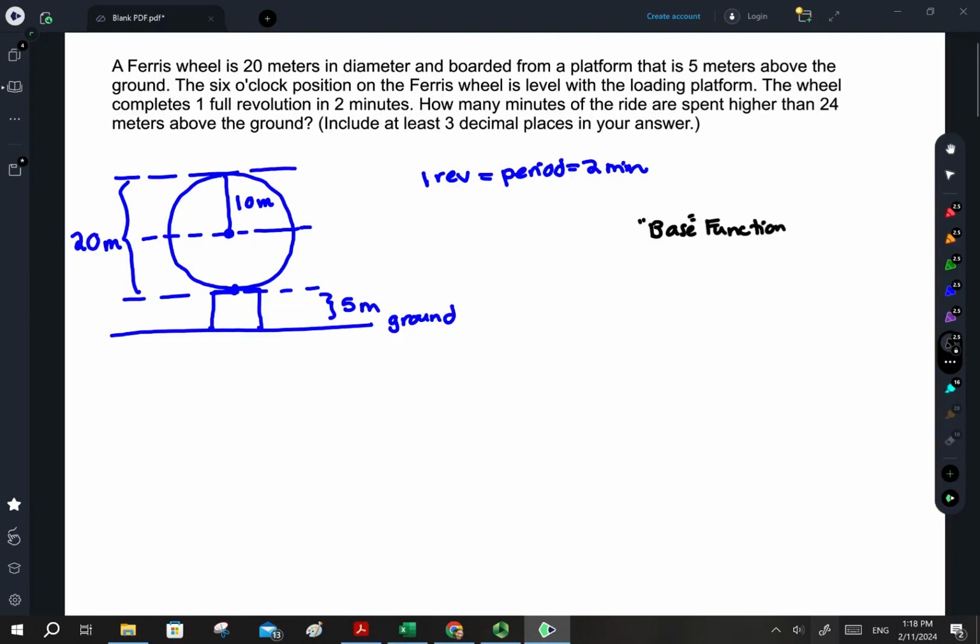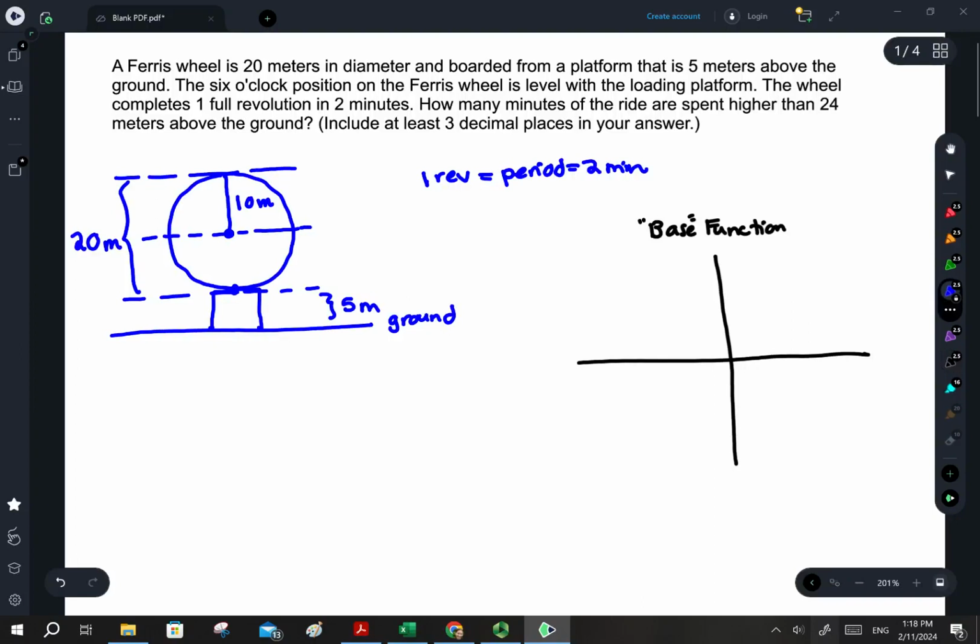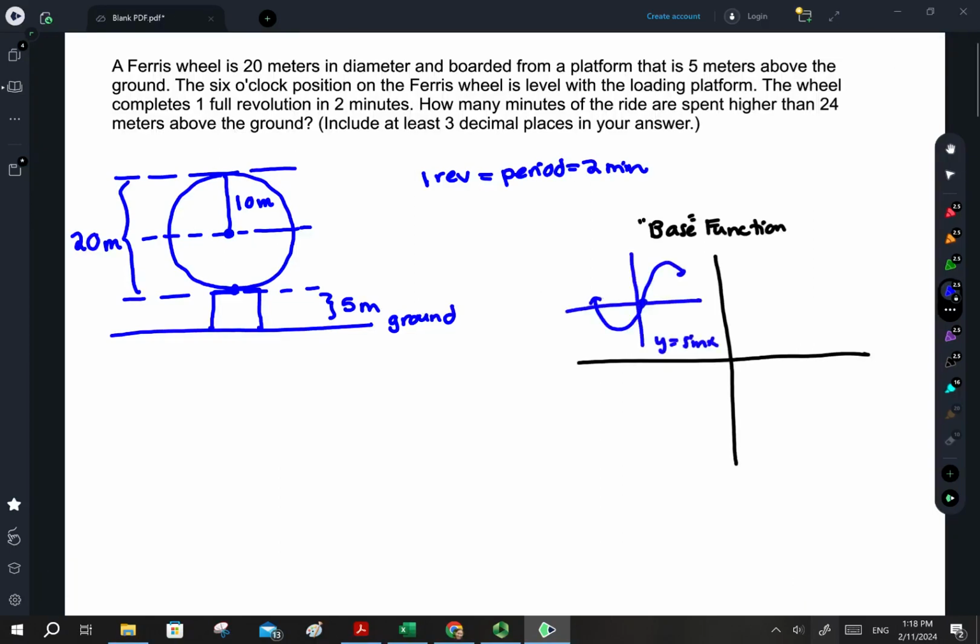Base function is what I use to refer to what function I am transforming to get the position function for this specific situation. And I like to think of it as having 4 choices. Now we really only have 2 base functions to work with, the first being the sine function and the second being the cosine function.